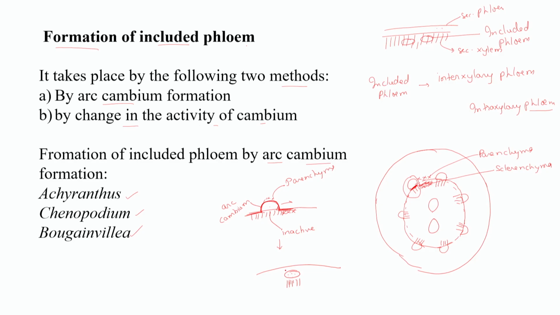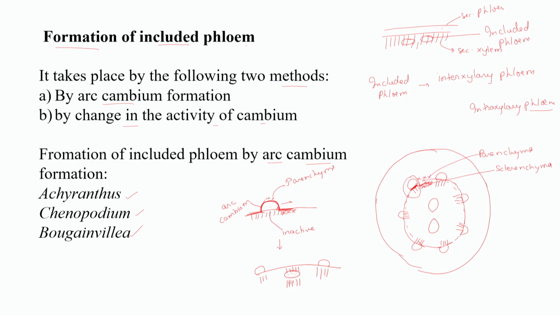But now this cambium will cut xylem on this side, and it is normally cutting xylem. So in this way, this phloem will now become included in the xylem, and now this cambium will behave normally by cutting xylem and phloem tissue.